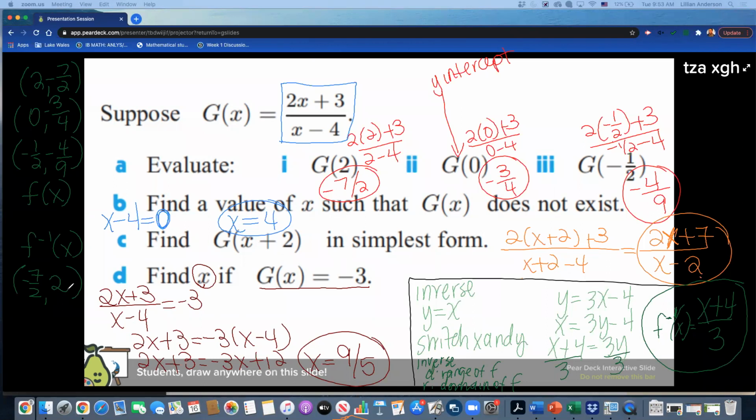So then -7/2, 2 would be on my inverse. -3/4, 0 would be on my inverse. -4/9, -1/2 would be on my inverse. The domain of the original is now the range of my inverse. The range of my original is now the domain of my inverse. And that looks like a reflection over the line y equals x.